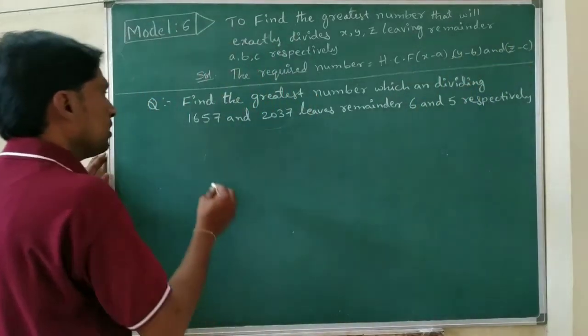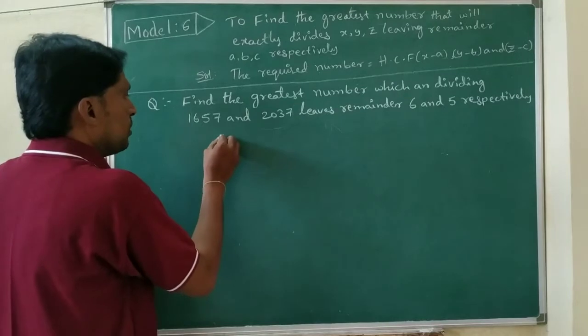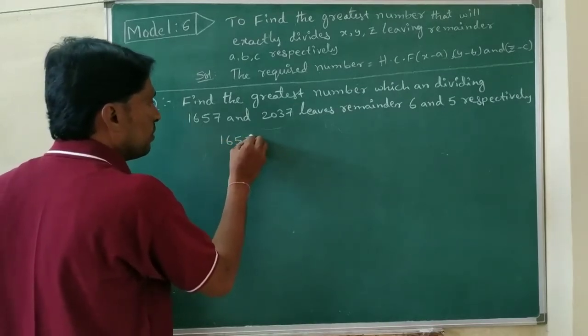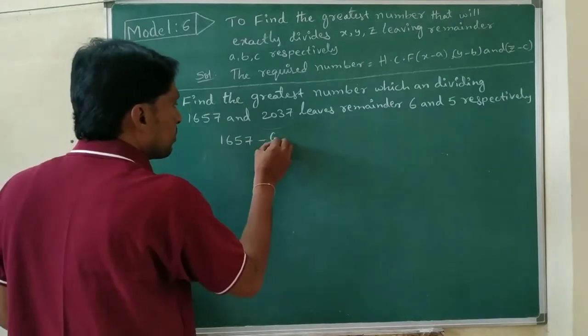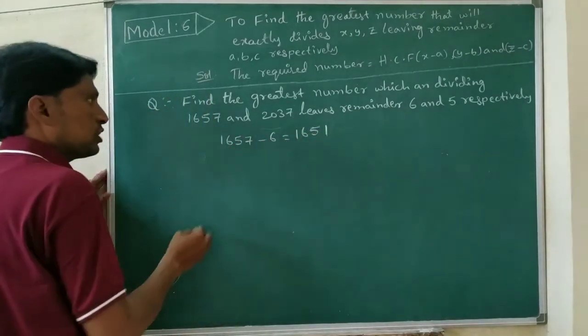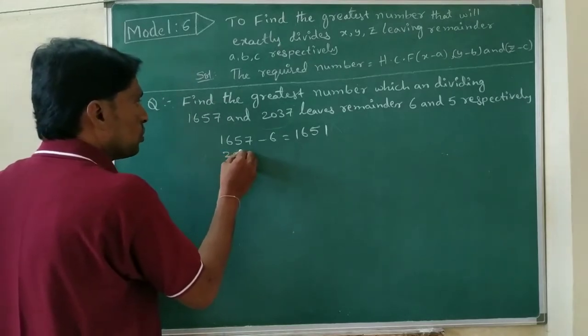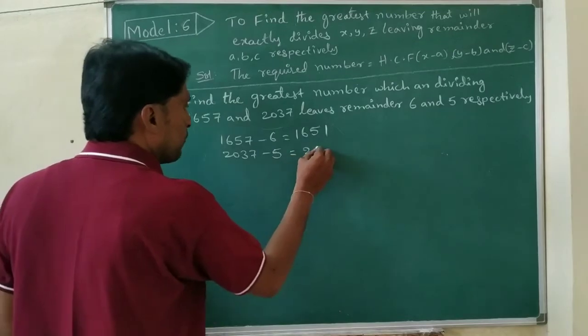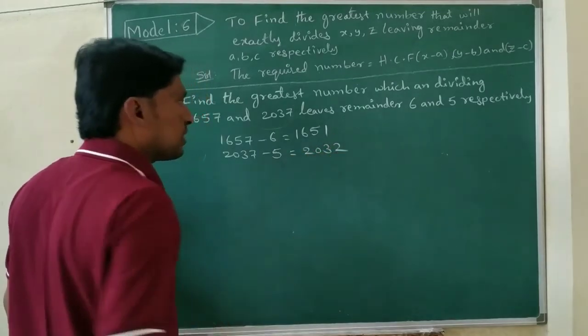Now the first number is 1657, leaving remainder 6, that equals 1651. Next one is 2037, leaving remainder 5, so we get 2032.